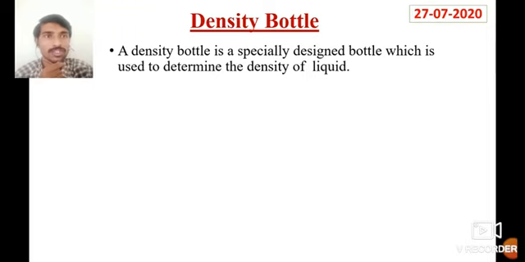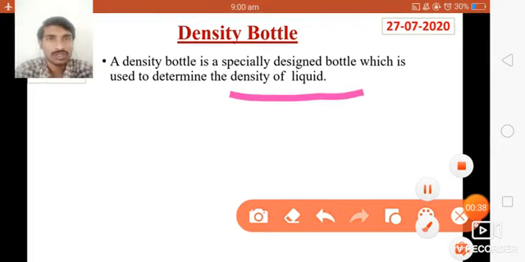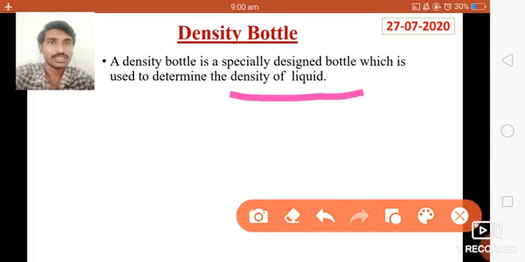It is specially designed to determine the density of a liquid. In one word, you can say the density bottle is designed to determine the density of a liquid.